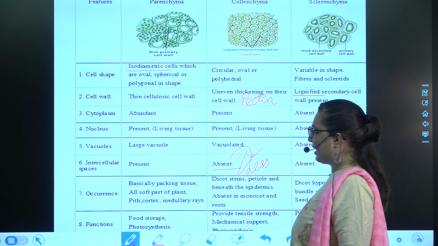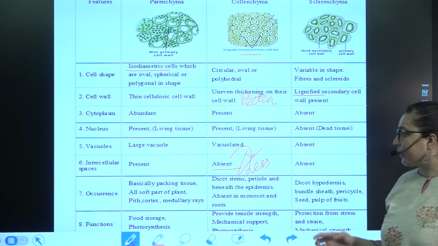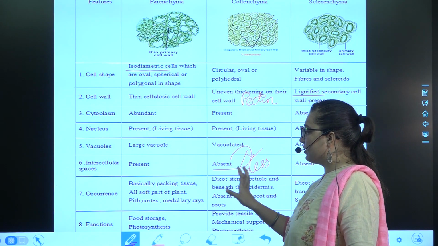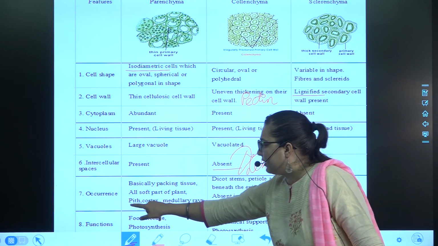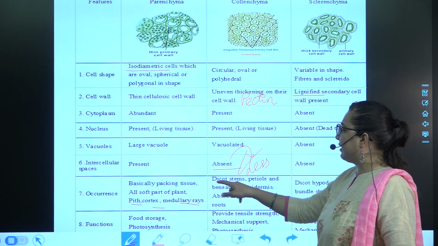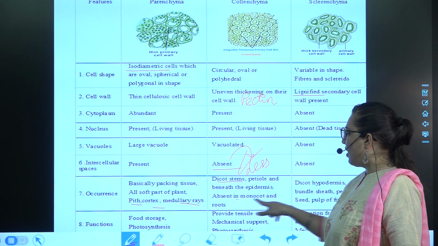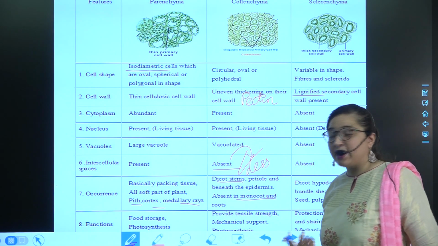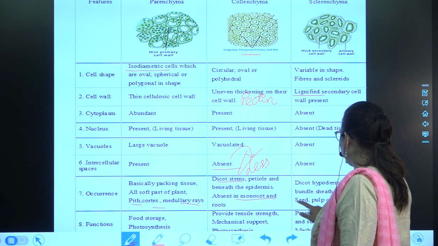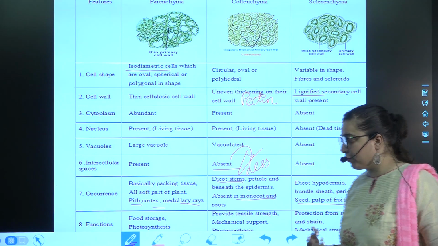So sometimes it's yes. Occurrence, basically packing tissues, and they are present over here in the pith, cortex, and in the medullary rays, where they are occurring in the dicot stems, absent in the monocot, that means present in dicots. We have discussed it.